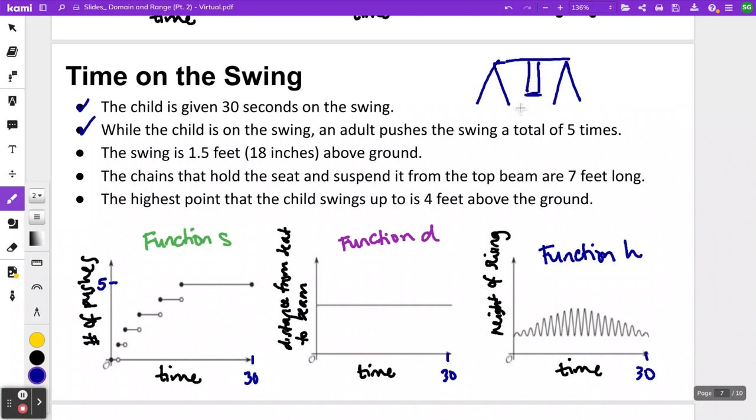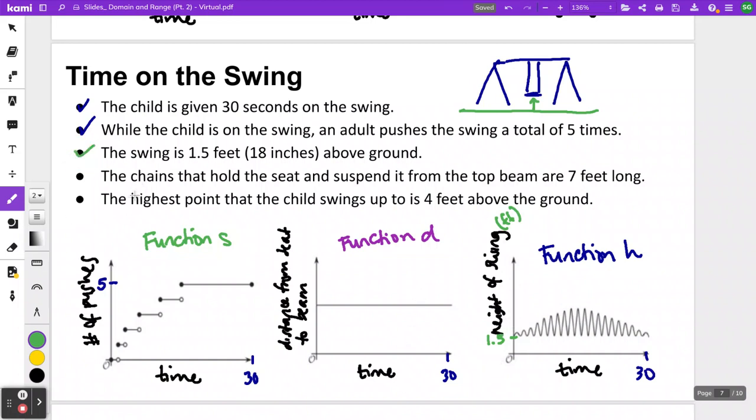That's telling me that if I was looking at the ground, this swing, when it's just hanging there, is the 18 inches or 1.5 feet up. And so thinking about the height of the swing, that is this lowest point here. That's going to be that minimum 1.5. Now that's if my height is in feet. If I had it in inches, that would be a different number.